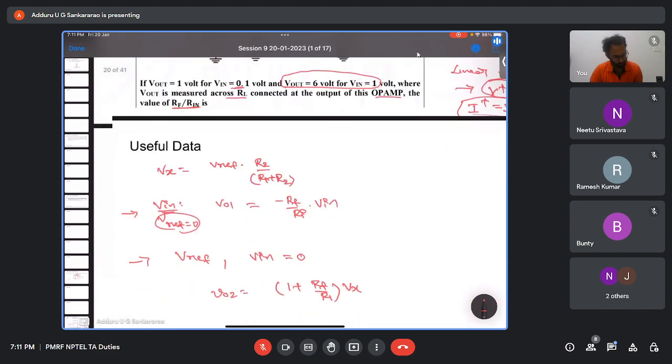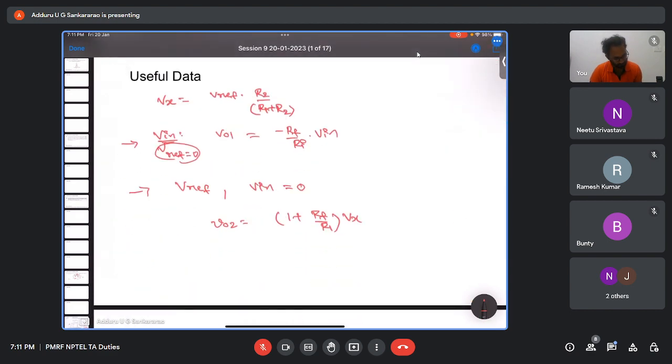So I am replacing Vx with V reference into something: 1 plus Rf by R1 into Vx, where Vx is R2 by R1 plus R2 into V reference. This is V02.